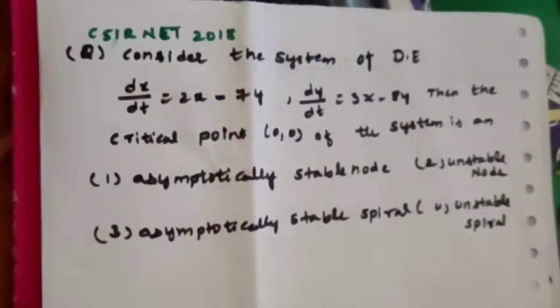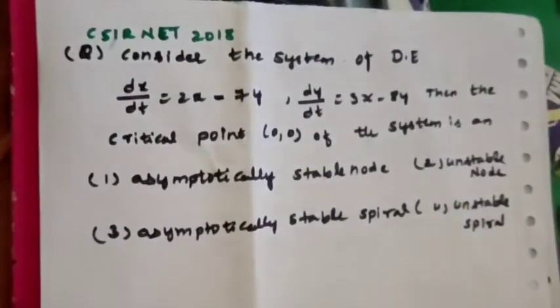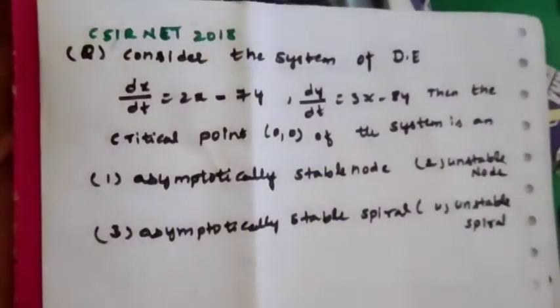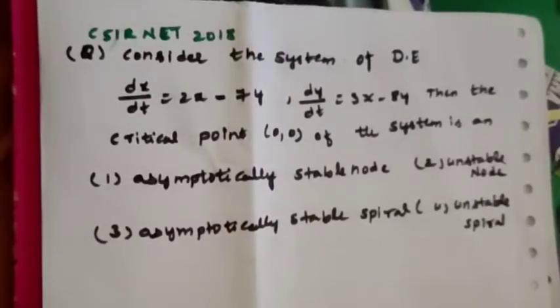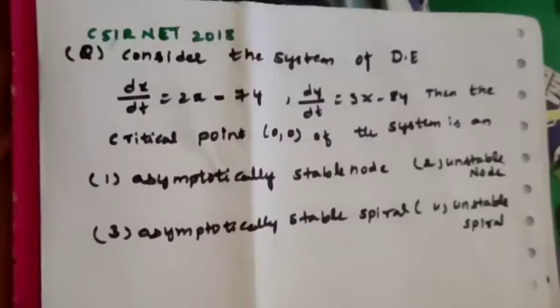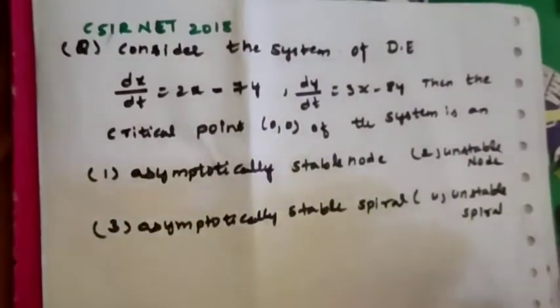Consider the system of differential equations dx by dt is equal to 2x minus 7y and dy by dt is equal to 3x minus 8y. Then the critical point 0, 0 of this system is, with the four options: asymptotically stable node, unstable node, asymptotically stable spiral, and the fourth option, unstable spiral.